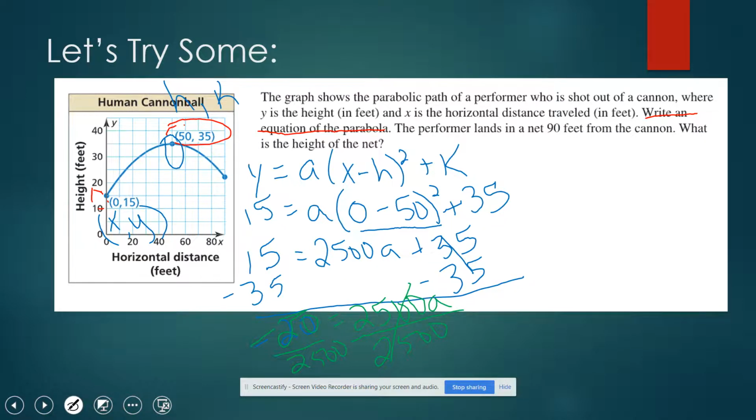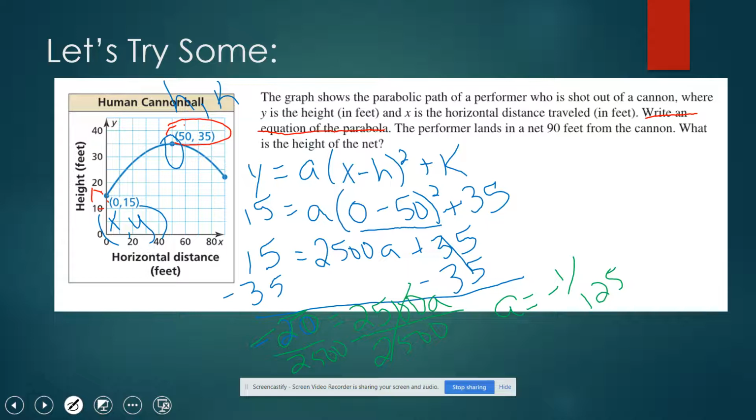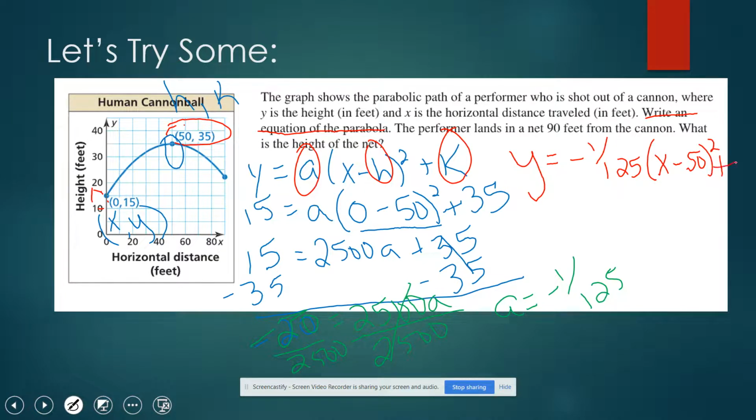So we're going to reduce the 20 and 2,500 to get A is negative 1 over 125. So now to write our equation, remember we fill in A, H, and K. So this equation is y equals negative 1 over 125 times (x minus 50) squared plus 35.